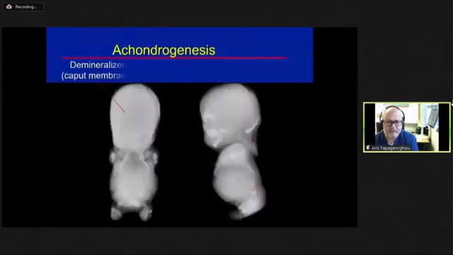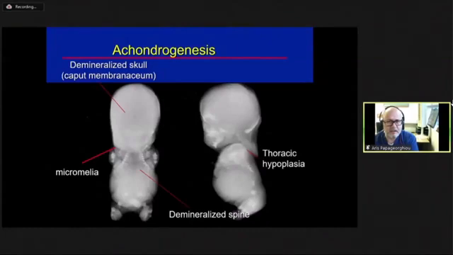The second very severe early onset condition that you see often as early as 11 and 12 weeks is achondrogenesis, which is a group of severe disorders, and they affect cartilage and bone development. They're really characterized by a really small body and short limbs and a number of other skeletal abnormalities.